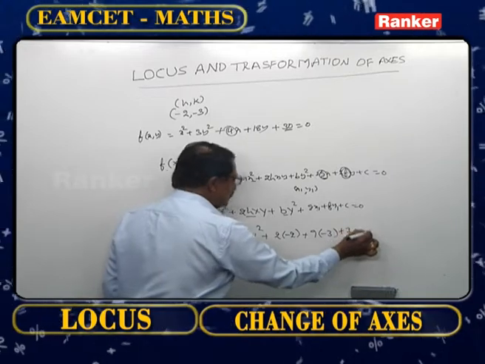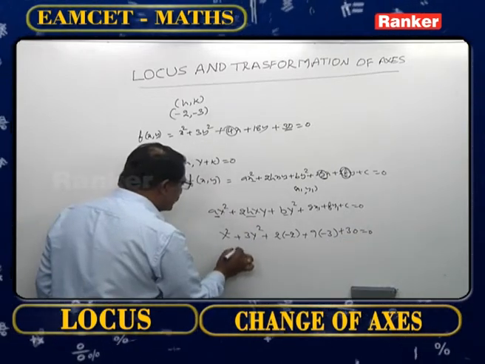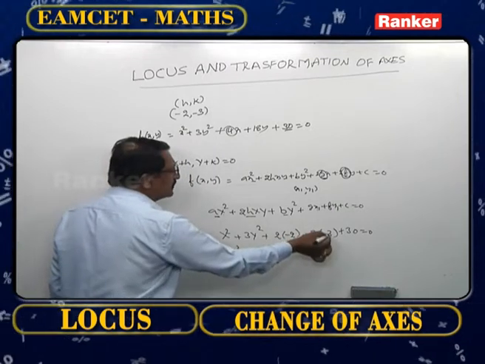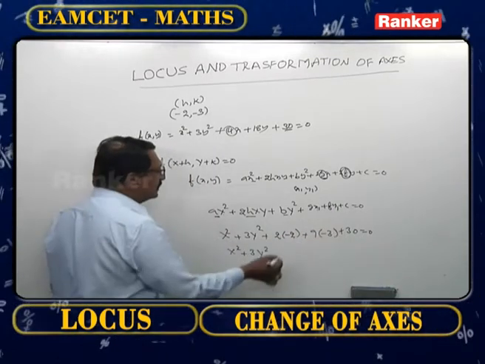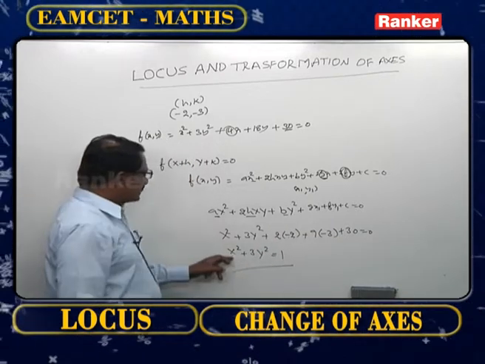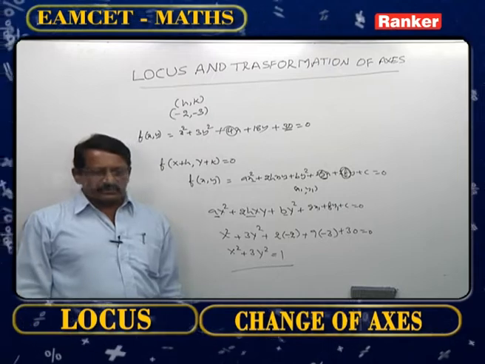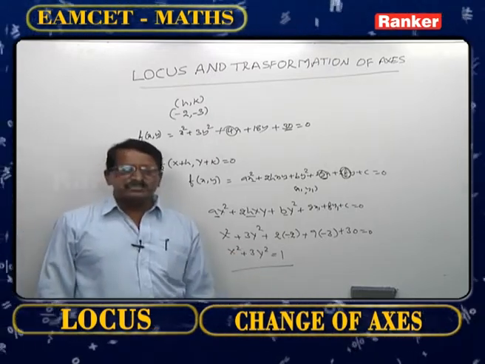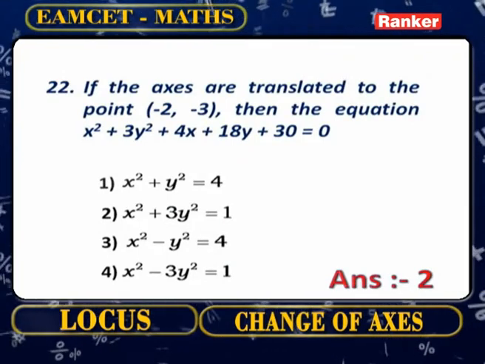Further simplifying, we get x square plus 3y square minus 4 minus 27 plus 30 equals 0, which gives minus 1; taking it to the right side, we get 1. Now x square plus 3y square equals 1. Then the answer is the second option.